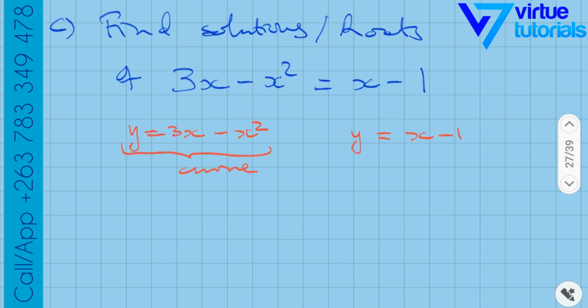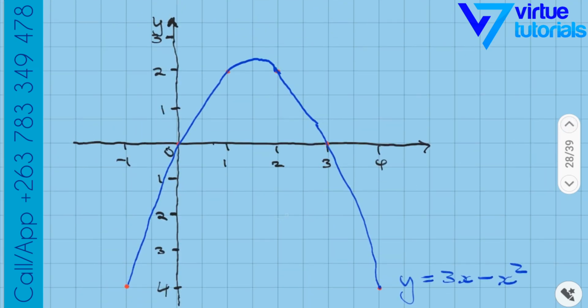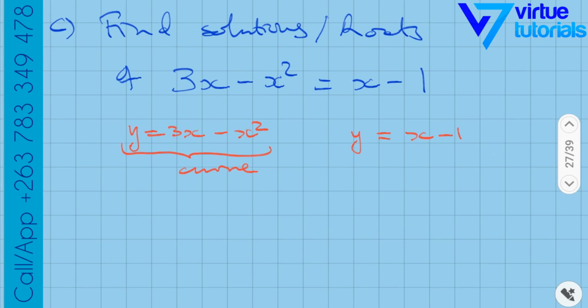But now, we do not have the line y is equal to x minus 1. So what do we need to do? We need to draw the line. Now, for such a line like this, you need to have a table of values. So I hope you did these lines.